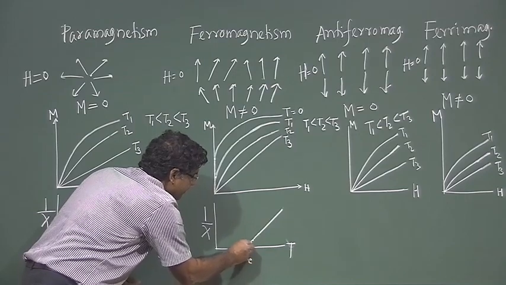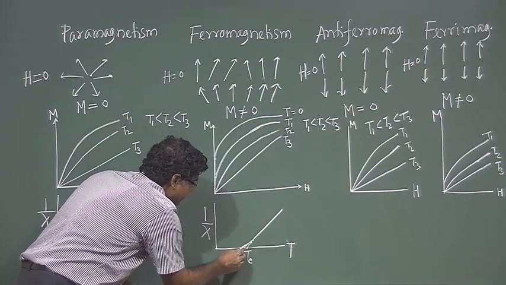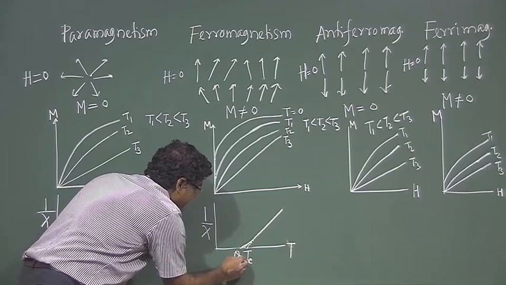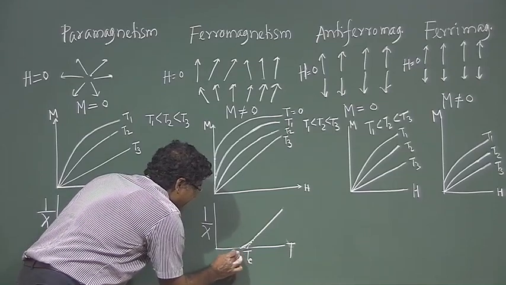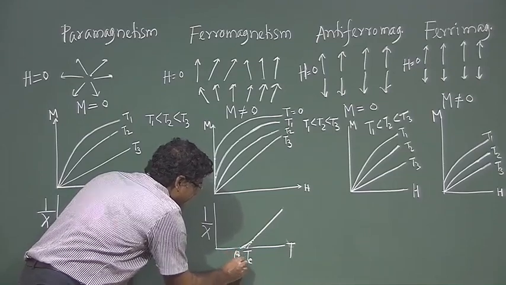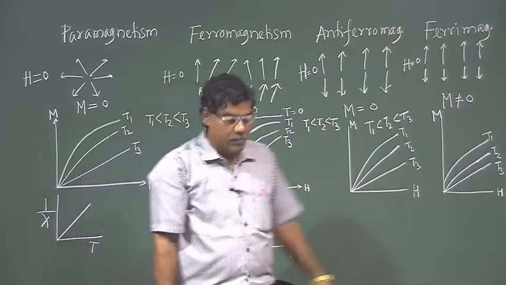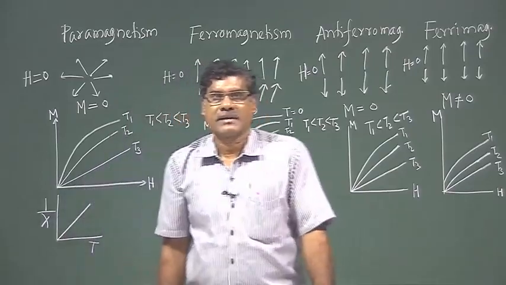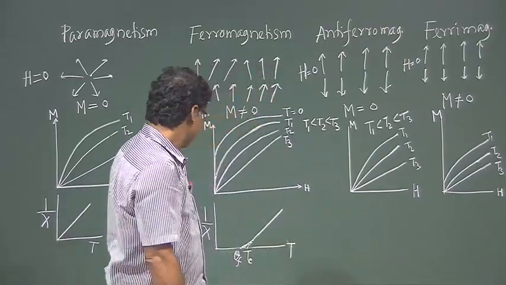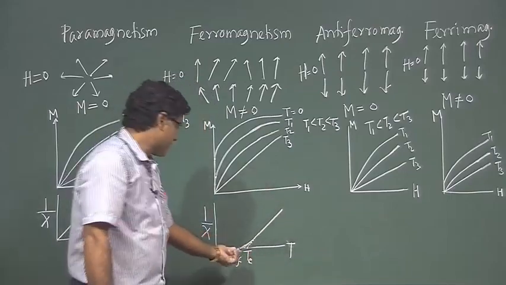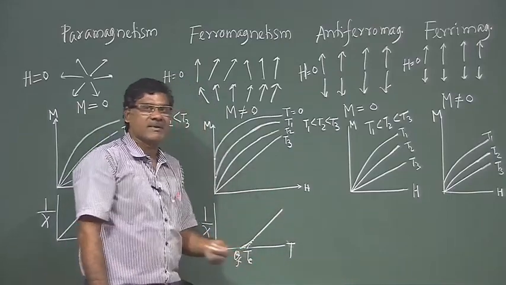So, this will be Tc and this called theta f. Okay. It is called theta f, this ferromagnetic transition temperature. Okay. But generally this difference between Tc and theta f is very small.